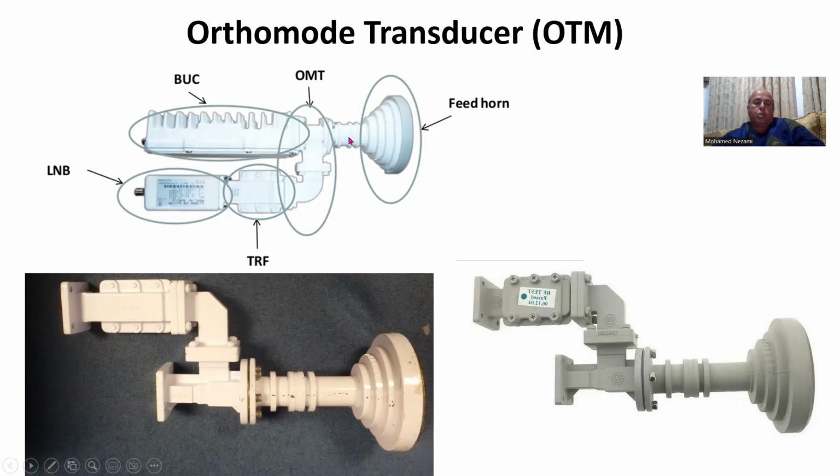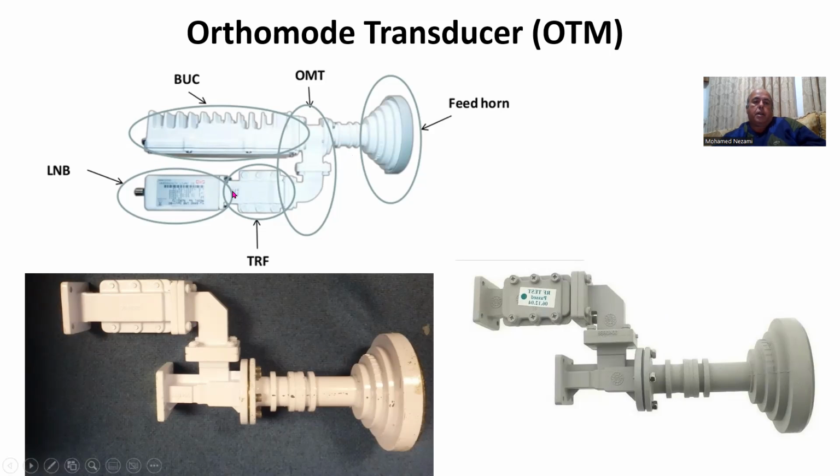Now notice that always the feed at this point is either a circular waveguide or a square waveguide, because that's how you can appropriately pick up the circular polarized signal from the sky. Okay.